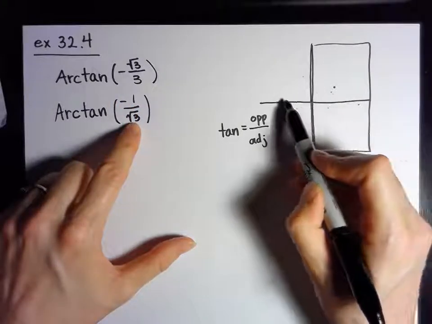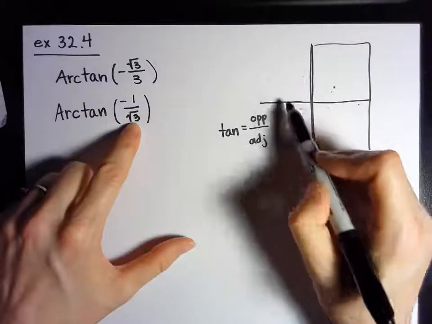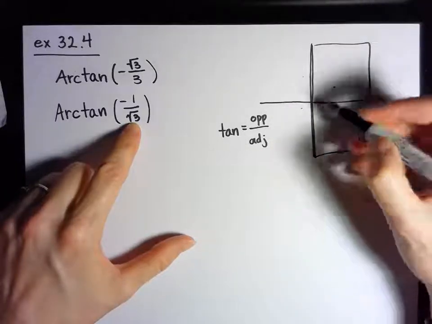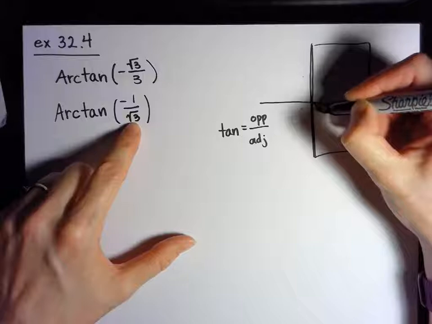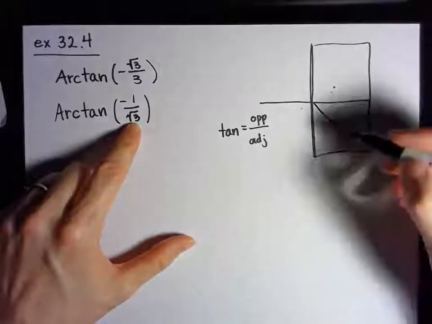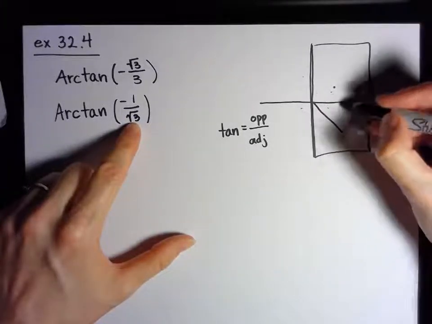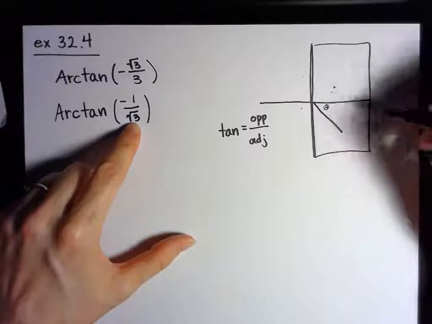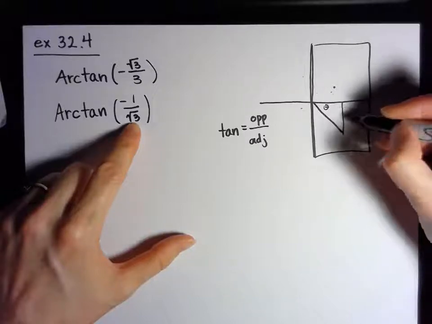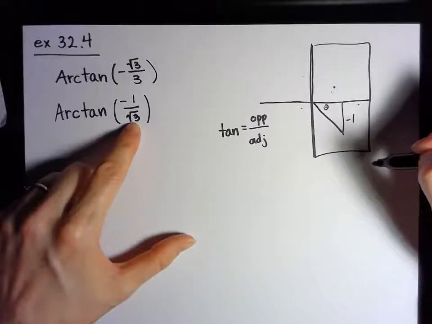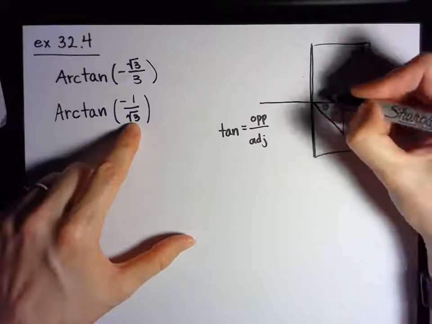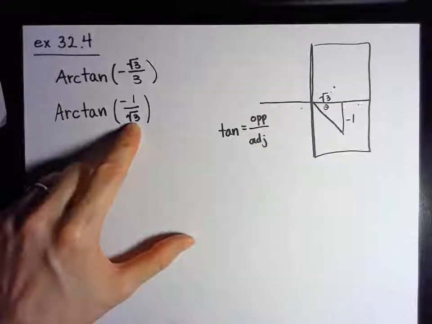Sorry, the opposite couldn't be negative 1. It would have to be down over there. So it must be an angle down here. Here, the opposite of this angle theta is negative 1, and the adjacent is square root of 3.